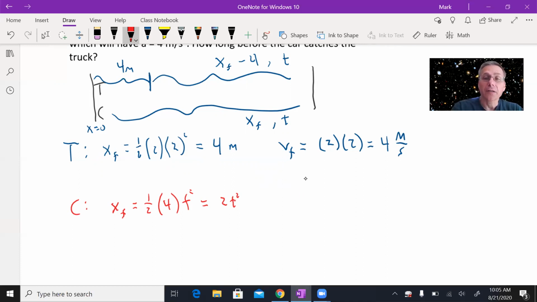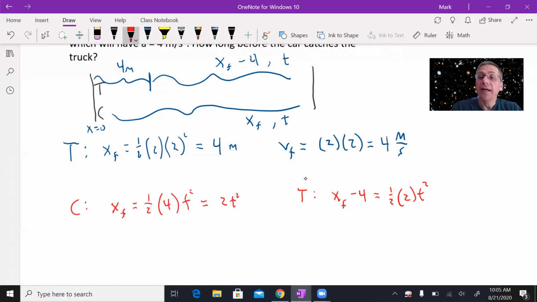For the truck, the distance it has to travel in the same amount of time is whatever that final total distance is, minus the 4-meter head start that it had. We know its acceleration is 2. We're trying to figure out the time it's going to take for the car to catch up to it.